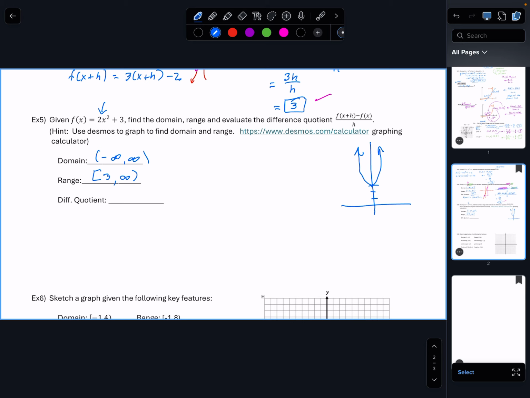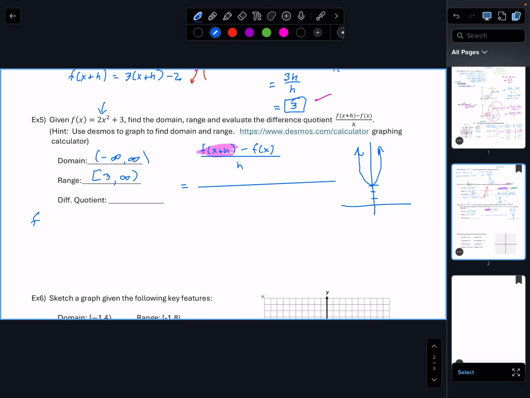All right, so then we're going to do the difference quotient. And I do want you to, it's not right there, so I would like you to write it here. And then the next line's going to be a little bit longer, so I'm going to leave some space for it. But we need to start by finding this f of x plus h. And if you can accurately just put it on the line without having to do any work on the side, that's fine.